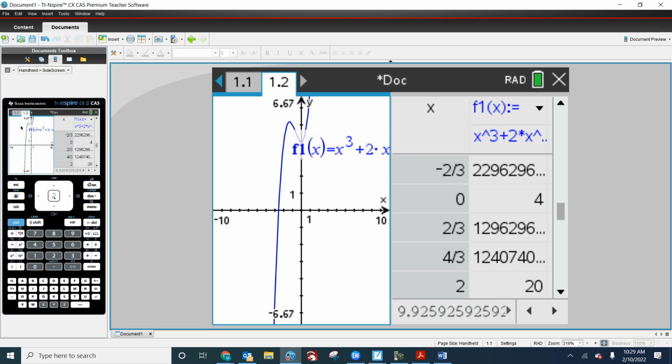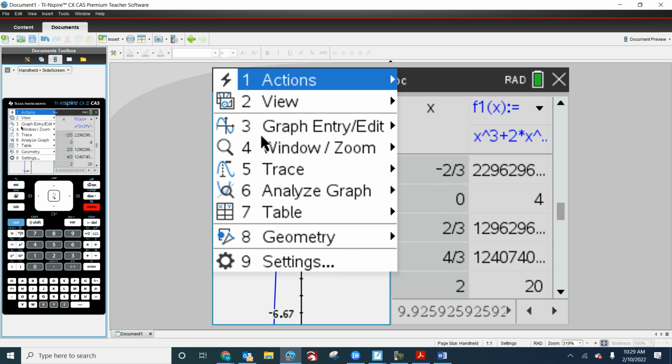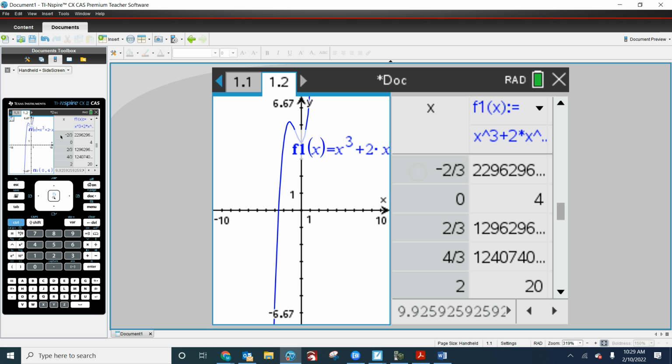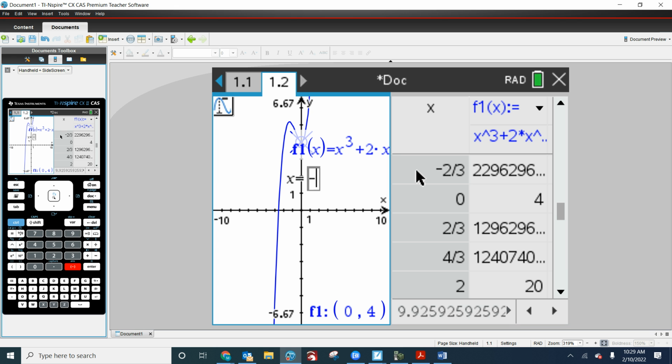If I'm over here, I could do menu, trace, graph trace, and I can physically type in every x value that I want calculated. So wasn't my first one negative 8/3? And then enter. And it should give you negative 0.7407. And then you'd have to go to the next one.